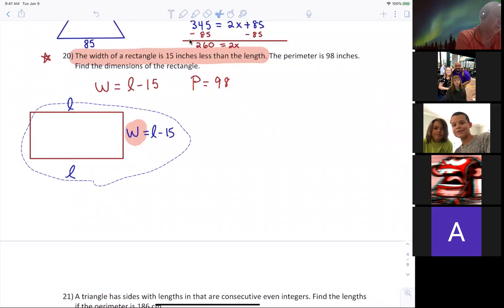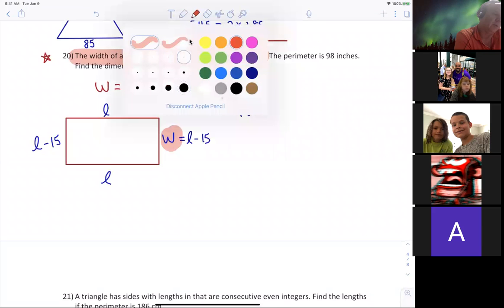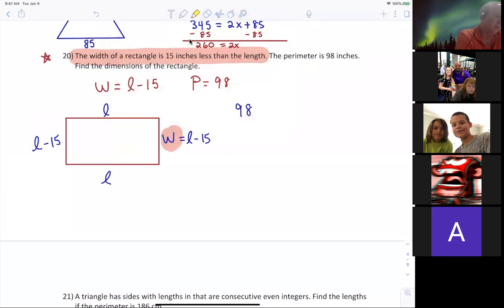And then the other side is going to be L minus 15. Is everybody okay with that? All right. Now the perimeter, here's what we have, 98. Now what I want everybody to be able to do is look at this.